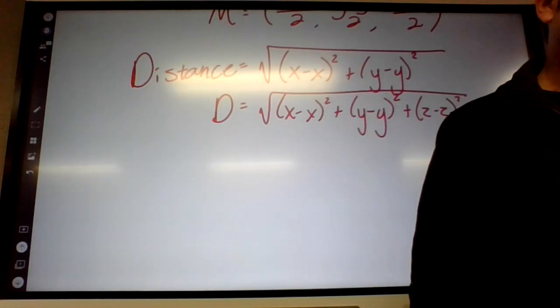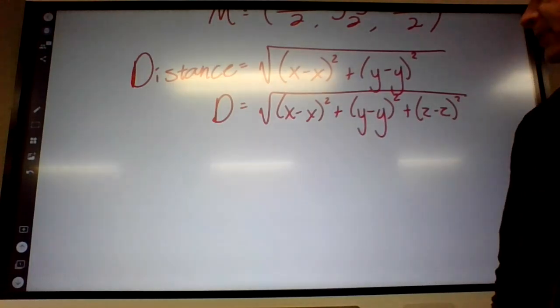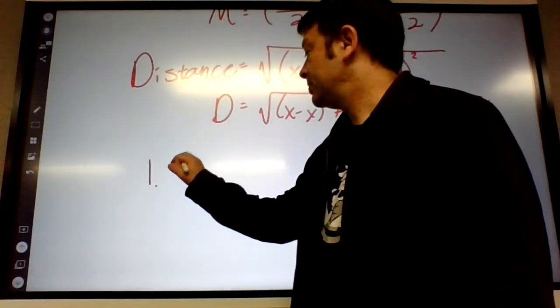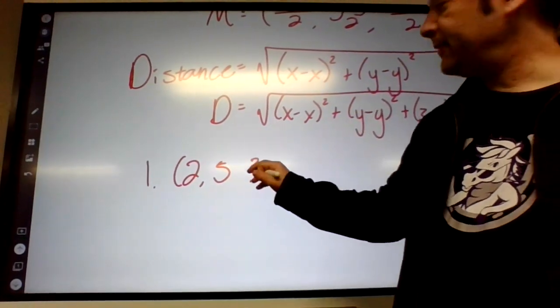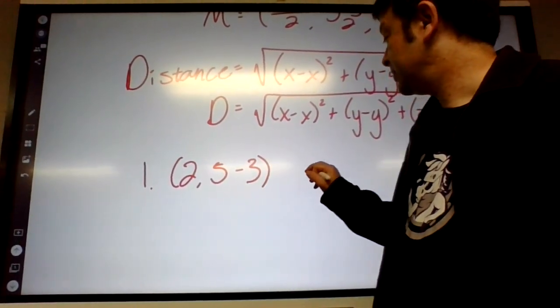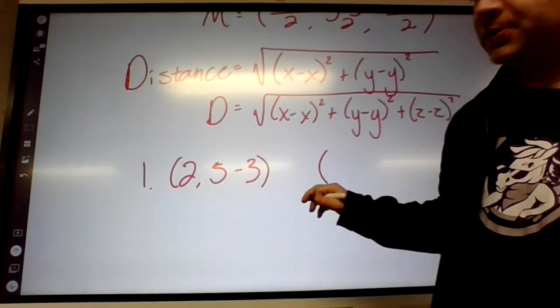Okay. So on 1, we want to find the midpoint of 2, 5, negative 3, and 0, 3, 1.